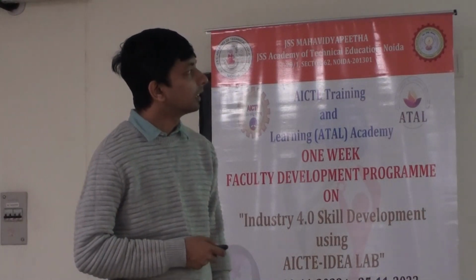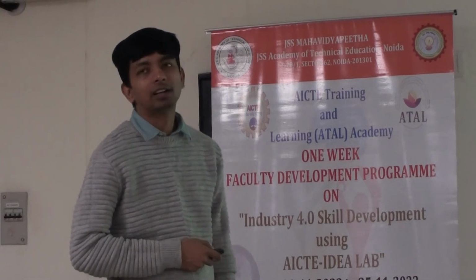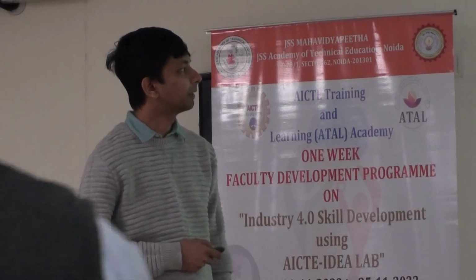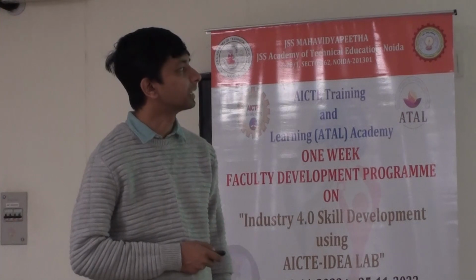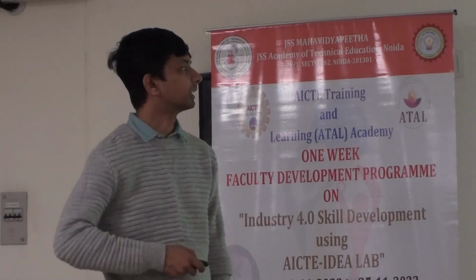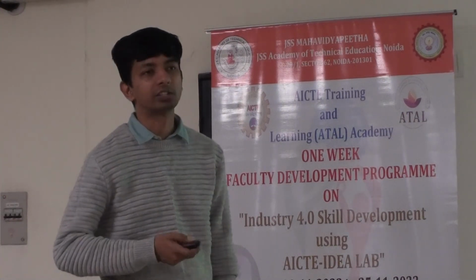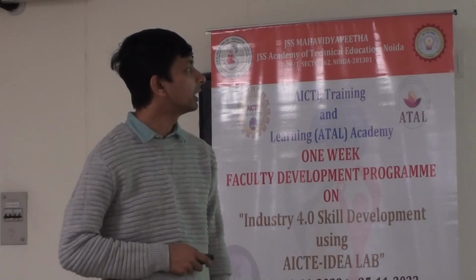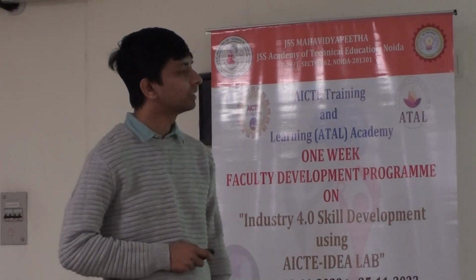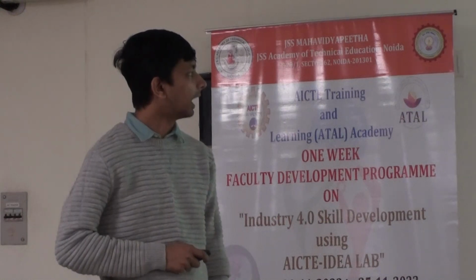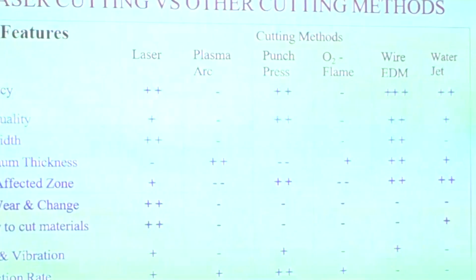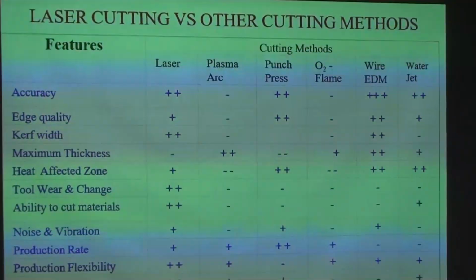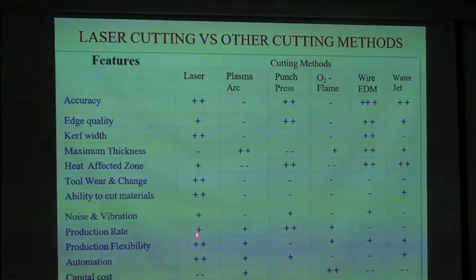This is just to give you an idea, these are the popular cutting methods that are available, and if I compare laser with that, we have plasma arc, punch press, oxygen assisted cutting, O2 flame, wire EDM, water jet. Accuracy wise, it is moderate or good quality, and tool wear and change is almost negligible because it's a non-contact method.